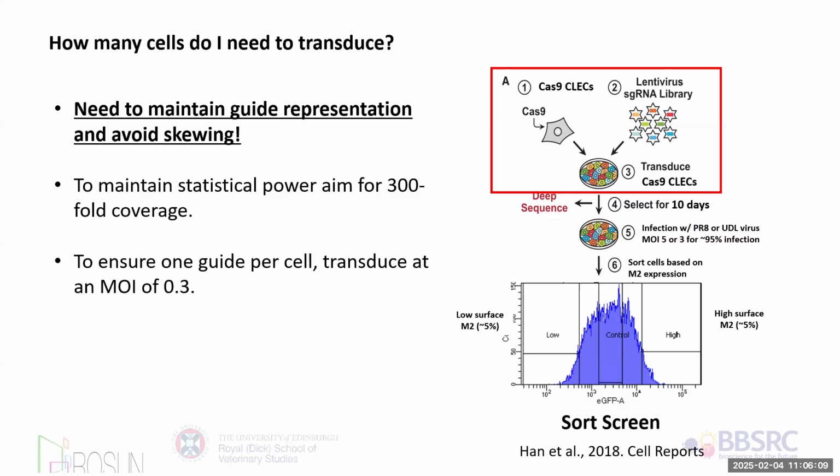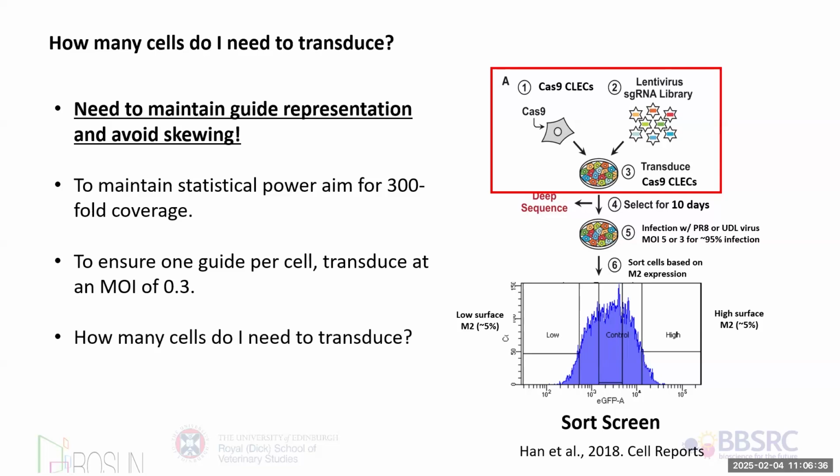Then because the lentivirus has puromycin, you can select out any of the cells that haven't been transduced. Using the puromycin selection gets rid of those cells, and it doesn't affect your coverage because those cells don't actually have a guide in them. So the take-home message from this is you obviously need more cells to be able to cover all your library.